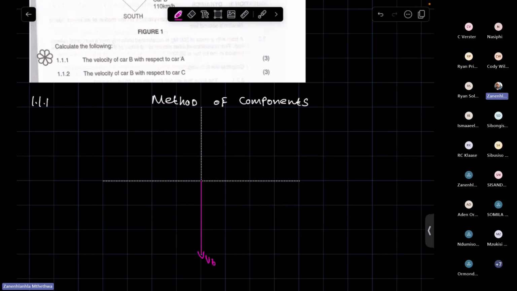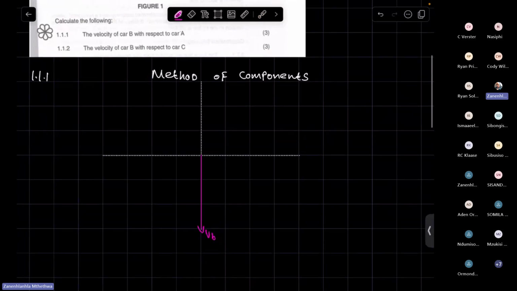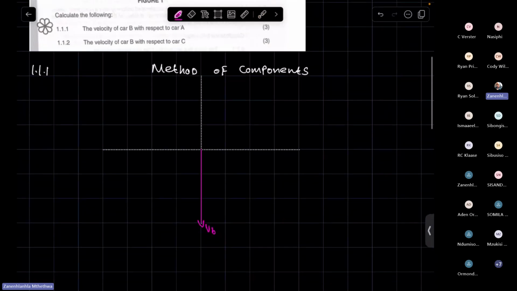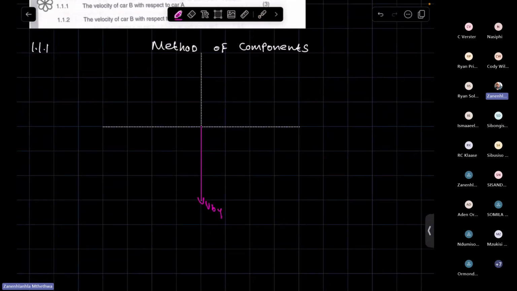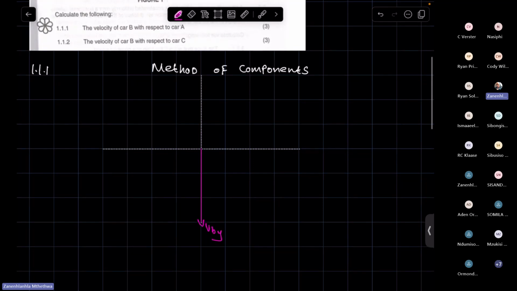So by that I mean, if we look at the vector for object B, it is parallel with what? With the y-axis. So instead of just calling this VB, we are going to call this VBY, because since we're using the method of components, it essentially represents the velocity of B in the what? In the y direction. Are we clear?